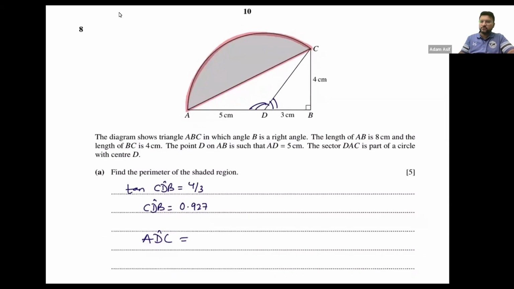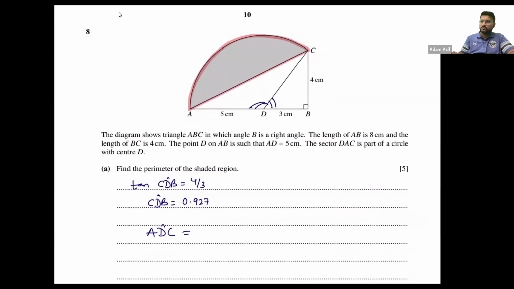If this angle is 0.927 and this is a straight line, what will this angle be equal to? Pi minus 0.927. So pi minus this angle, you get 2.214 radians.